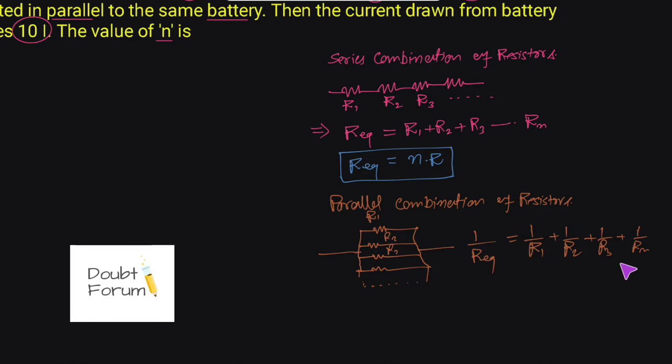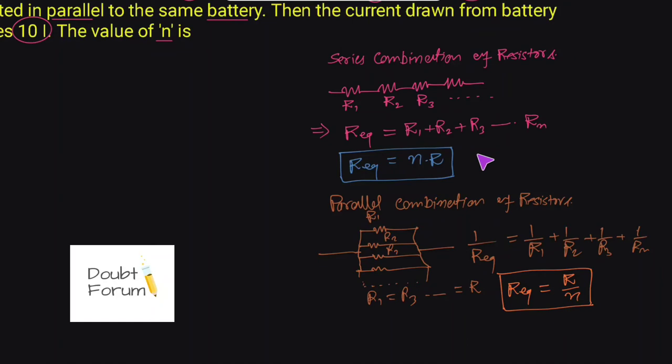The special case is when each has the same resistance. Suppose R1 equals R2 equals R3 and so on, and we call it R. When the same resistors are connected in parallel, the R equivalent will be equal to R upon n.